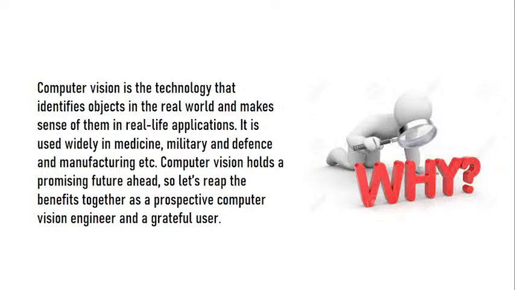So this is one of the best examples of a computer vision system. The fingerprint-based locking system is also based on this same concept. Then snap editing, filtering, watermark adding and watermark removing are all examples of computer vision systems.